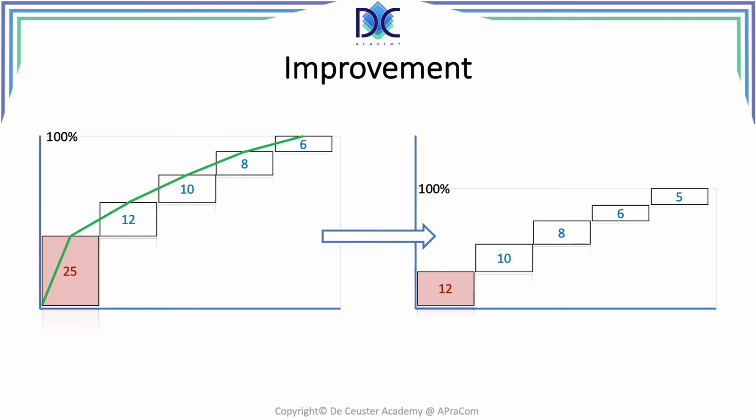Now what we see is that all these errors together still count for 100%, but we have basically an improvement with 20 items. 20 items were removed from the total. Now the next question is also what next?